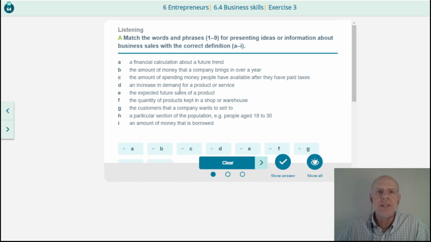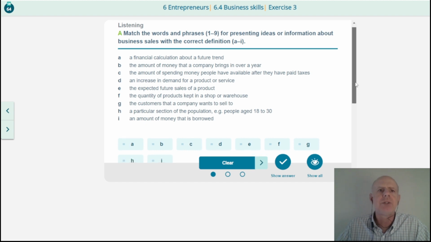An increase in demand for a product or service. The expected future sales of a product. Letter F is the quantity of products kept in a shop or warehouse. G, the customers that a company wants to sell to. H, a particular section of the population, for example, people aged 18 to 30. And letter I, finally, an amount of money that is borrowed.